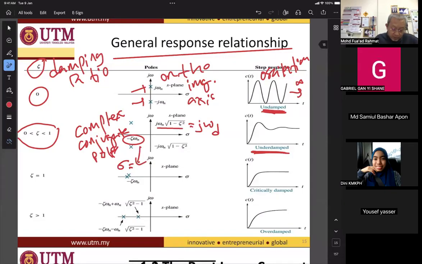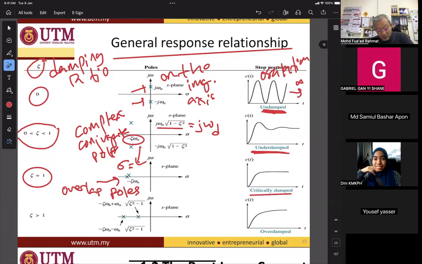The third one is zeta equal to 1. This one is known as critically damped, the response name. For critically damped, the nature of the poles is what we call overlap poles. In Bahasa Melayu is bertindih.